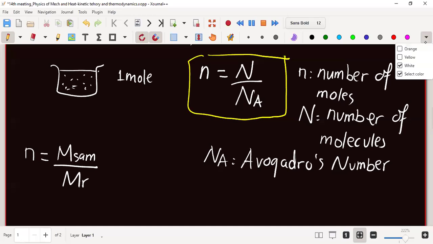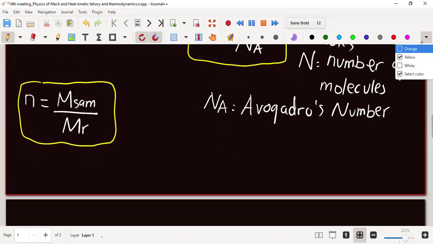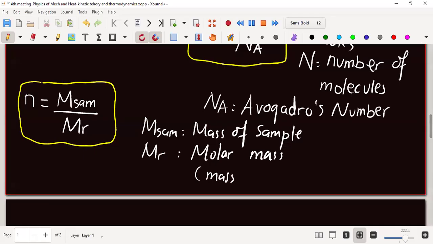So this is the mass of the sample divided by the molar mass.